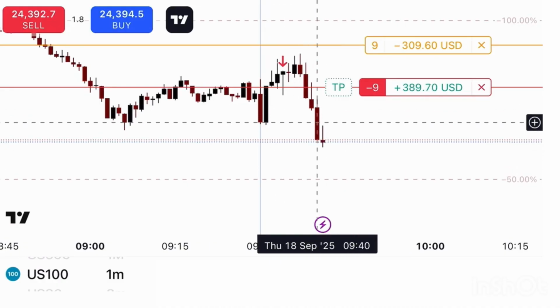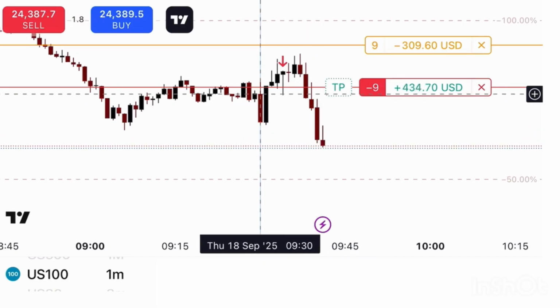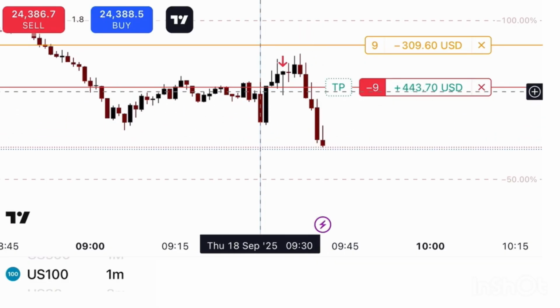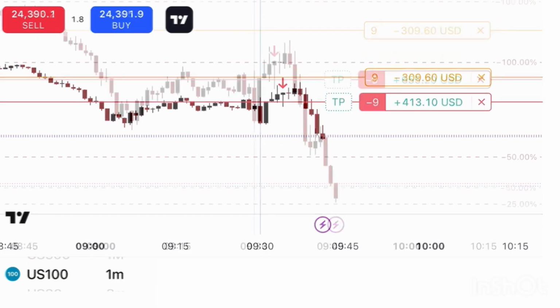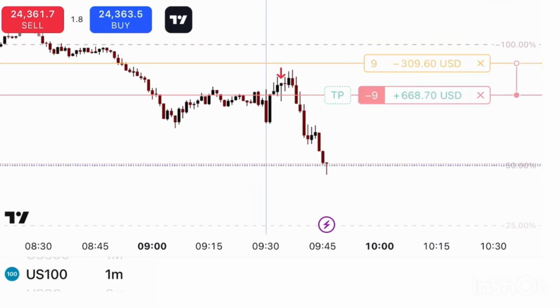And for my take profit, I'm targeting lows around that equilibrium 50%. So the price reached my objective and I'm closing my trade.